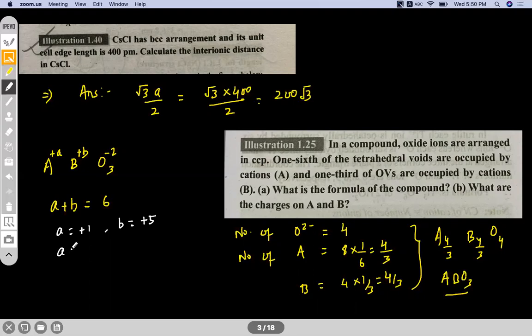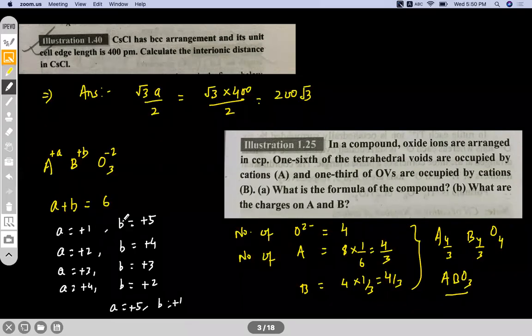A as +2, B as +4, another possibility. A as +3, B as +3, another. A as +4, B as +2, and the last one is A as +5 and B +1. So there are 5 possibilities we have. We can have any one of the combinations given in the question, right? Here the answer we can write any one of them.